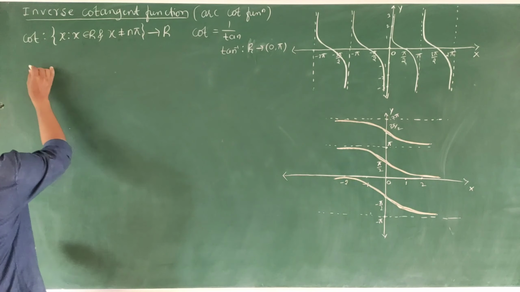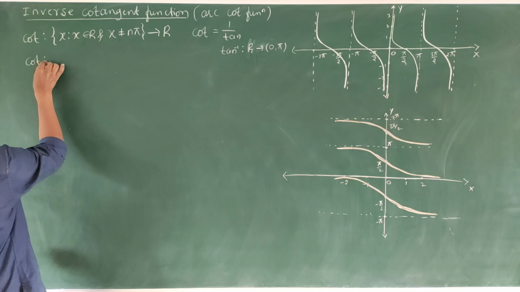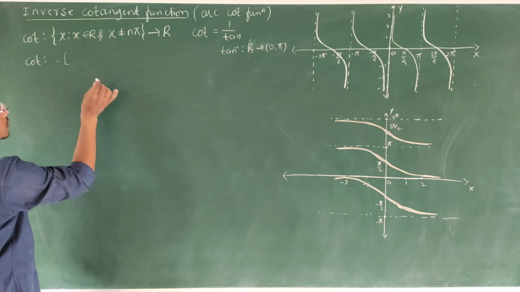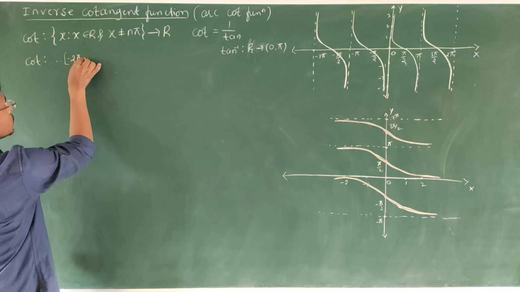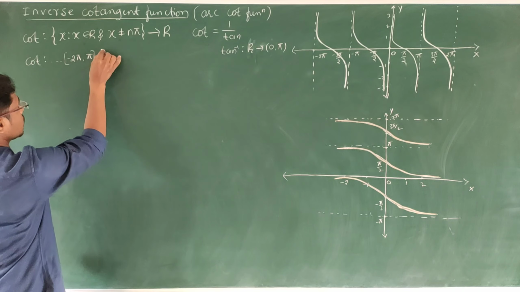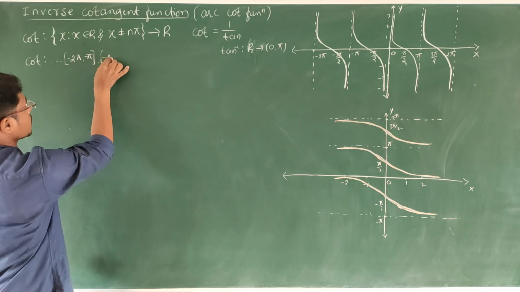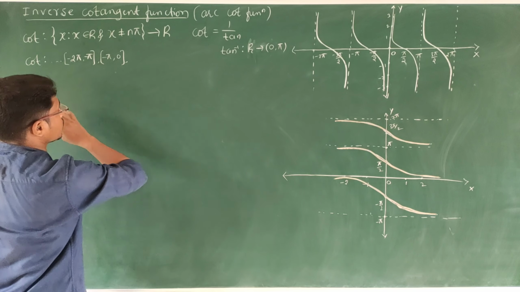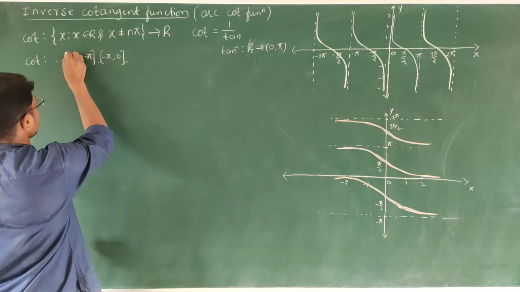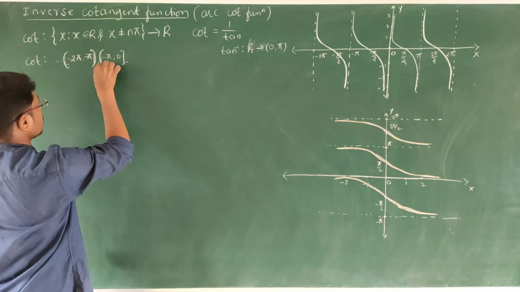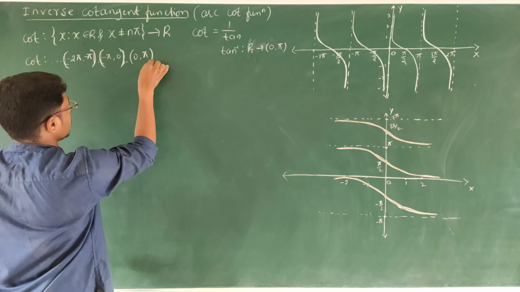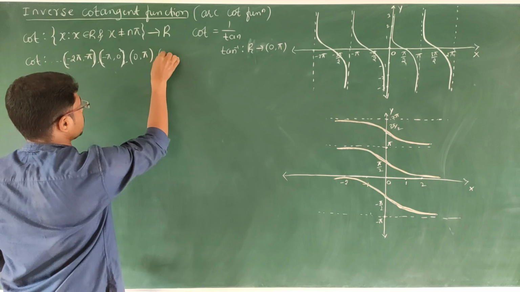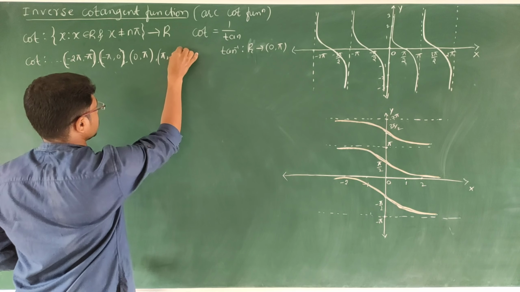So the restrictions of cot are: first from minus 2 pi to minus pi, then minus pi to 0, these are all open intervals, then 0 to pi, and pi to 2 pi, and so on.